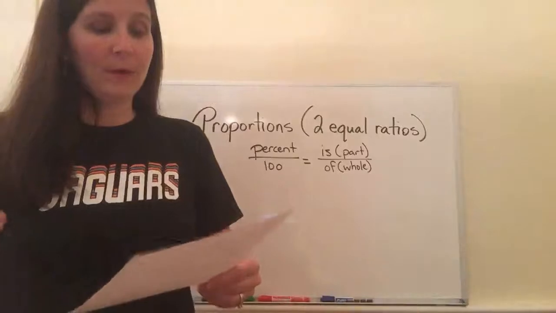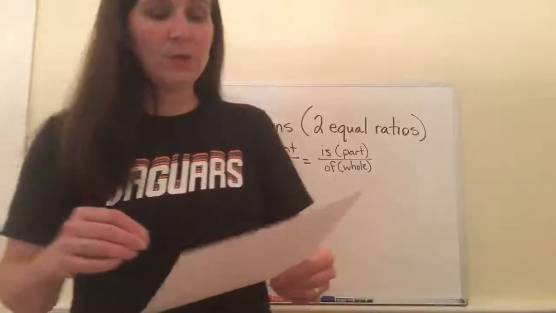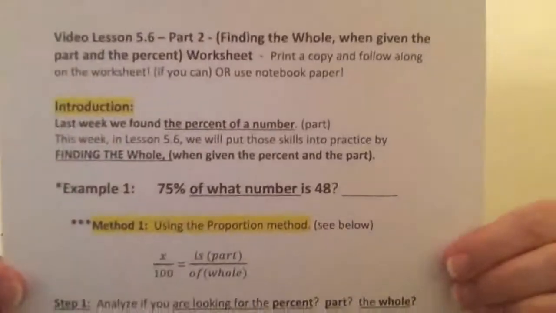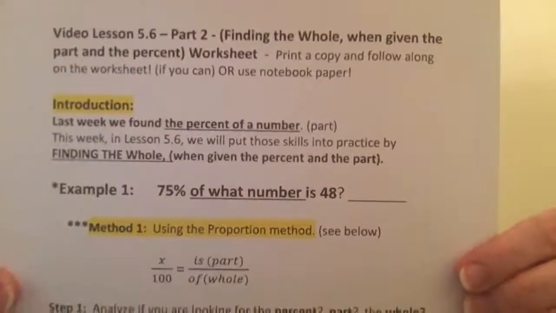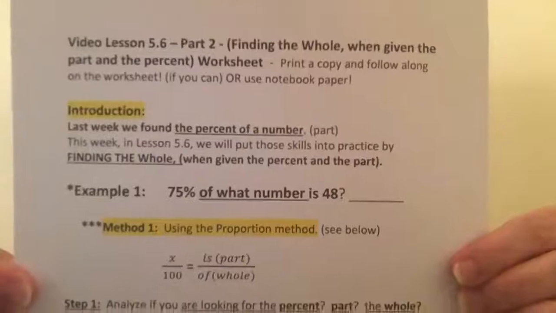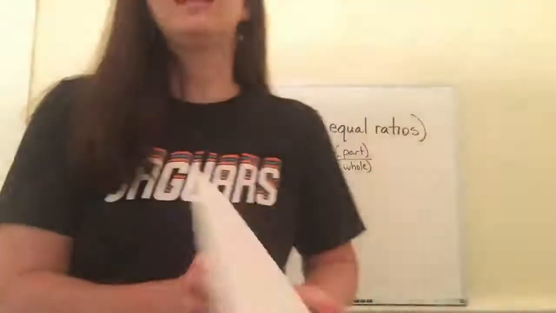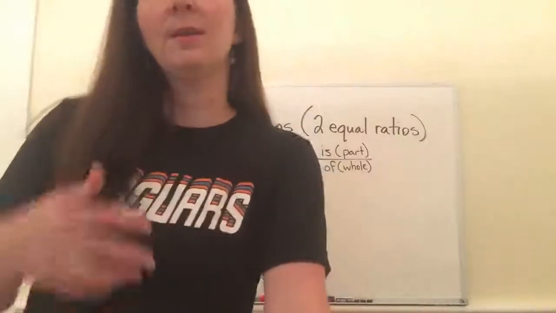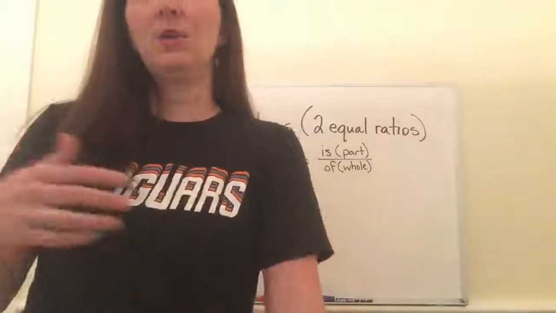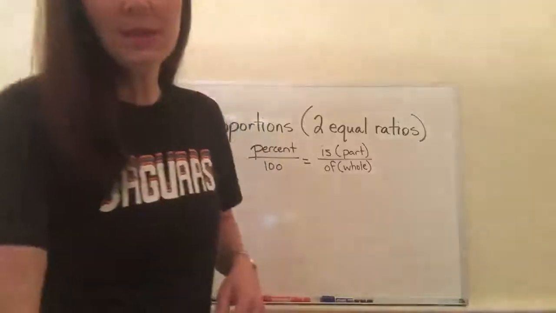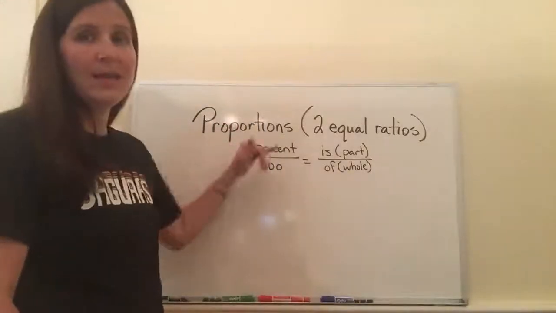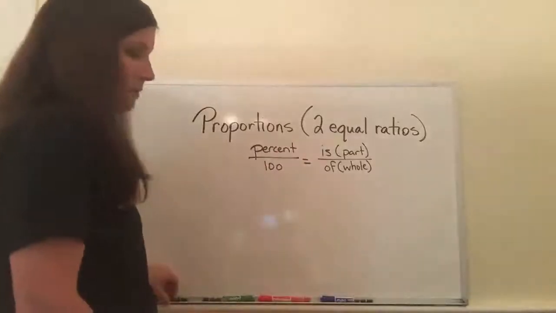So we are going to start off the first one. 75% of what number is 48? Once again, we're going to do two methods. The first method is going to be using a proportion. The second method is going to be using decimals. So in this one, we're going to start off percent over 100 equals is over of.